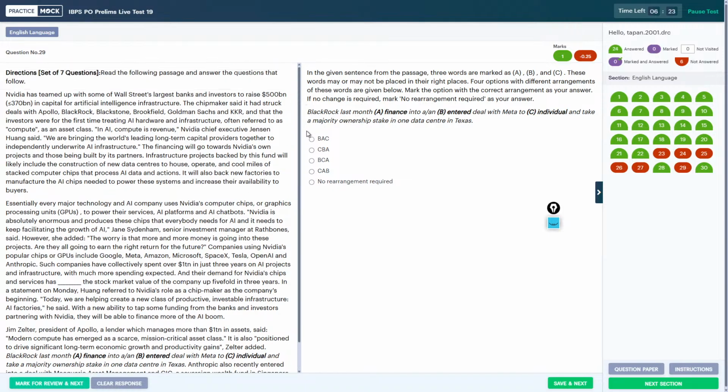BlackRock last month entered into a finance deal with Meta to finance and take a majority ownership stake. A to finish with, last month entered; B to start, then C, then A to finance.